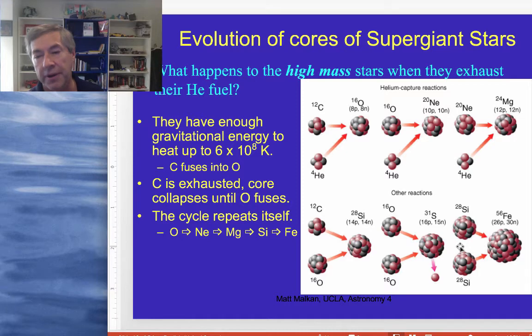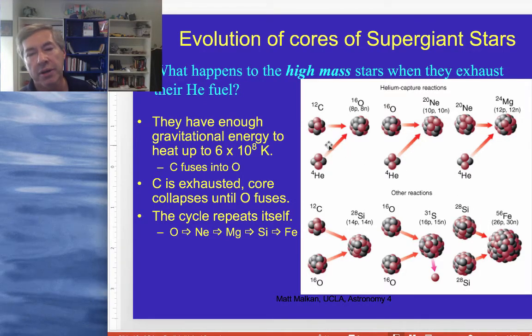And finally, the ultimate reaction, and we'll see why in a minute, the end of the line, it's down here in the lower right-hand corner of the figure, because there's no point in putting anything else after this point. We combine 2 silicons to get 26 protons and 30 neutrons, or iron-56. And that's it. This is a pretty complete diagram. I didn't leave out anything.